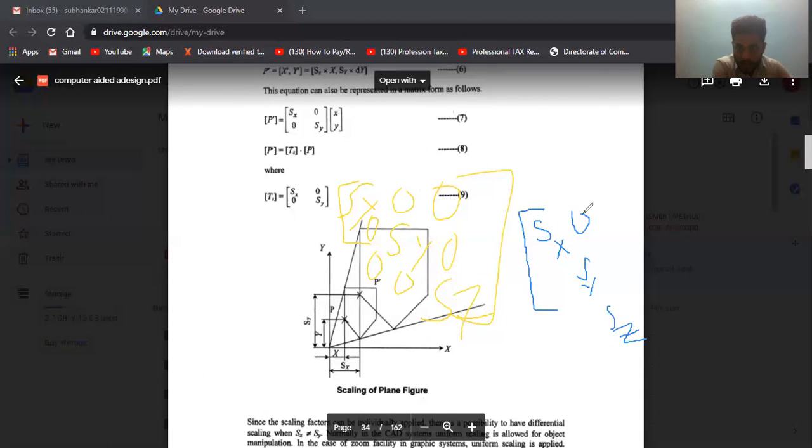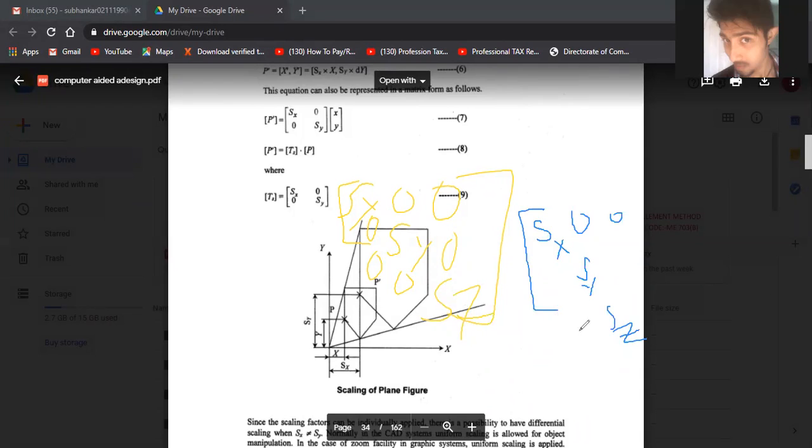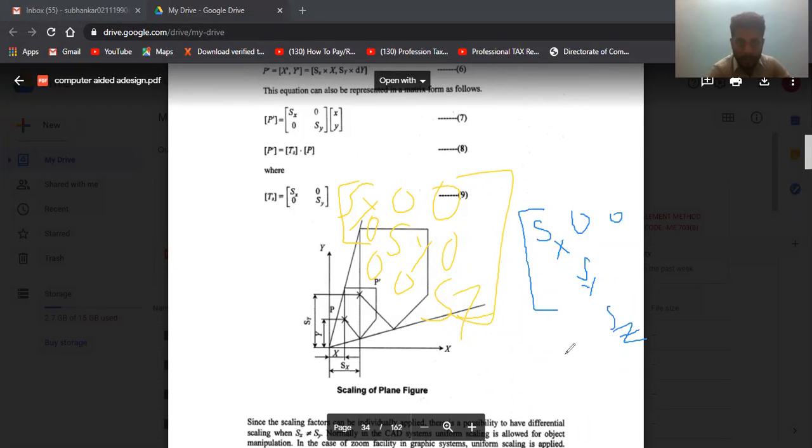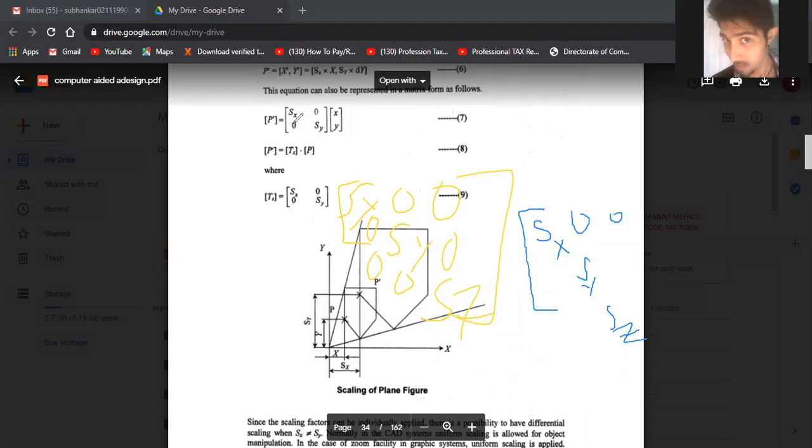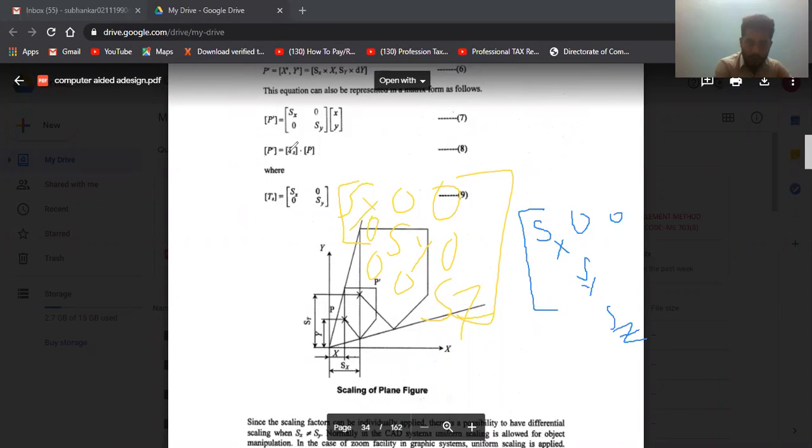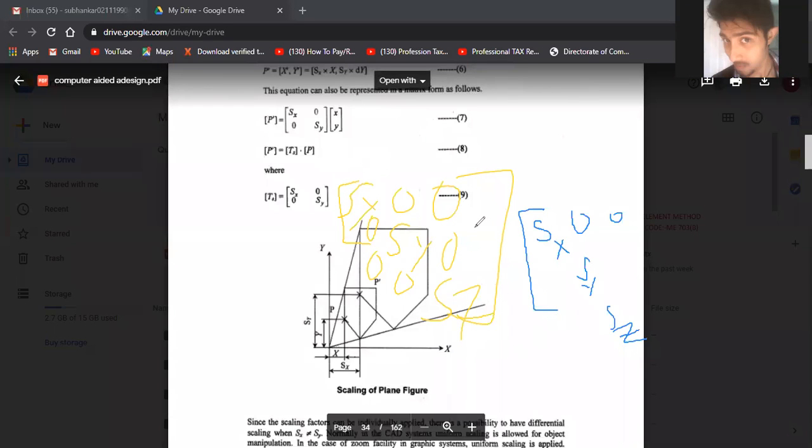The remaining entries will be 0. Understood? My final matrix will be Sx 0 0, 0 Sy 0, 0 0 Sz. A 3 by 3 matrix. You understood?